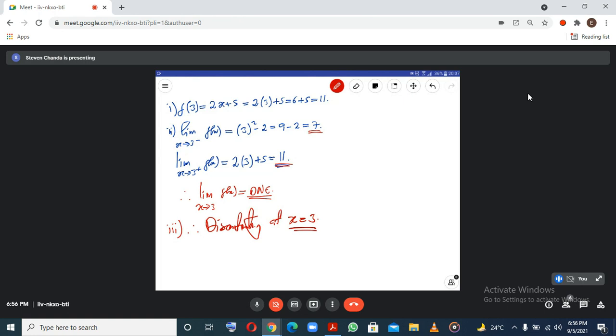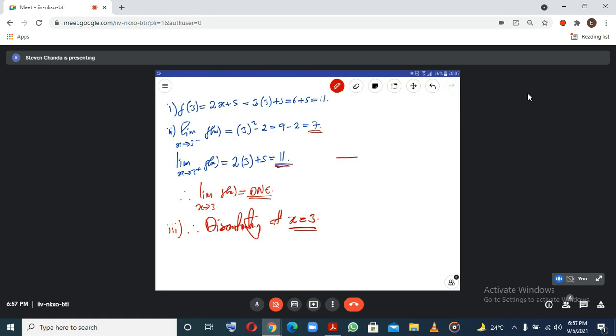There's discontinuity. Now, what type of discontinuity do you have? First of all, is this a discontinuity that you could remove? No. So this is not a hole, isn't it? Is it a discontinuity that involves a vertical asymptote? No, this doesn't involve a vertical asymptote. Therefore, is this a discontinuity where you're having two different values?